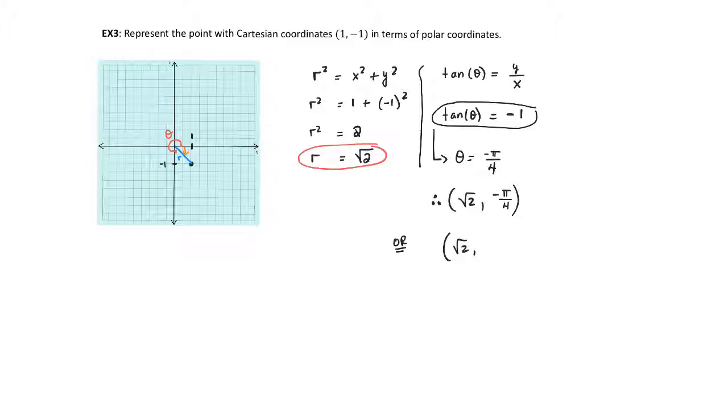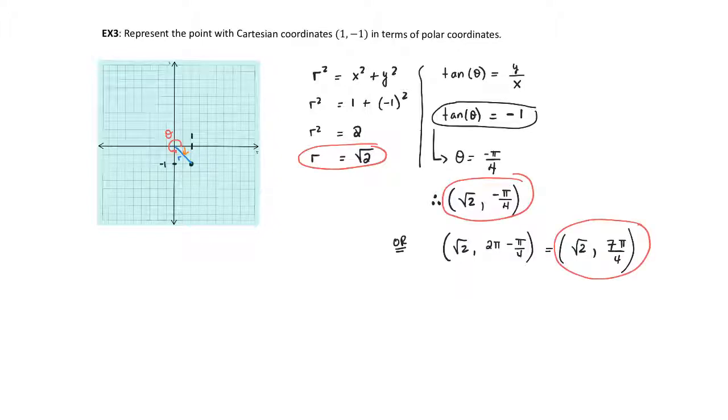Then you're going to say over here, 2 pi minus pi over 4. That really means that this will be the point (square root of 2, 7 pi over 4). So honestly, either of these two answers is totally fine. You can provide one with a negative angle. You can provide one with a positive angle.